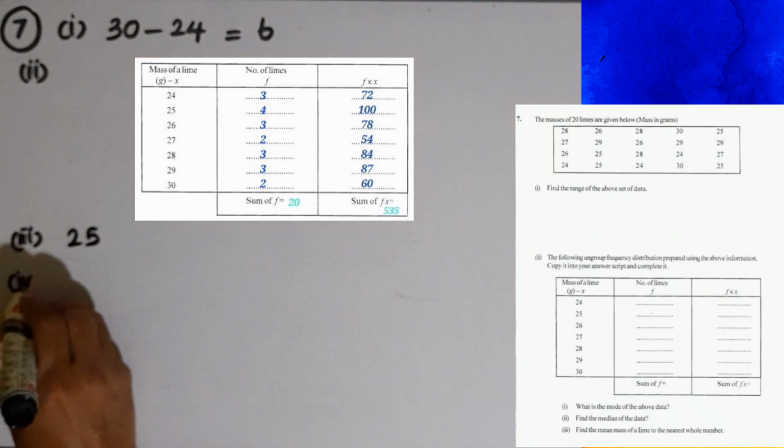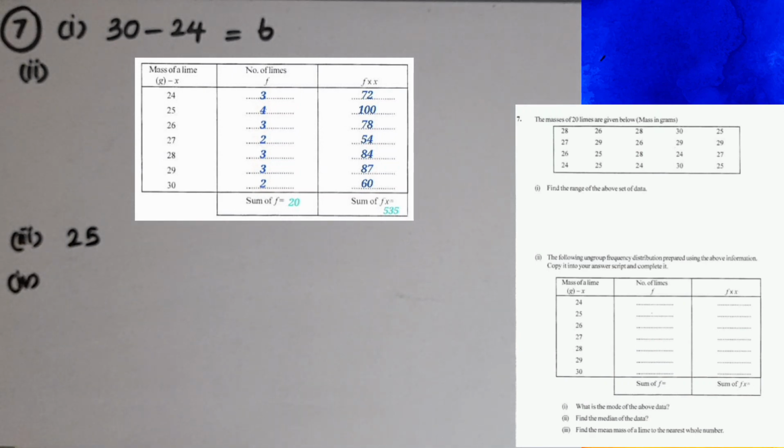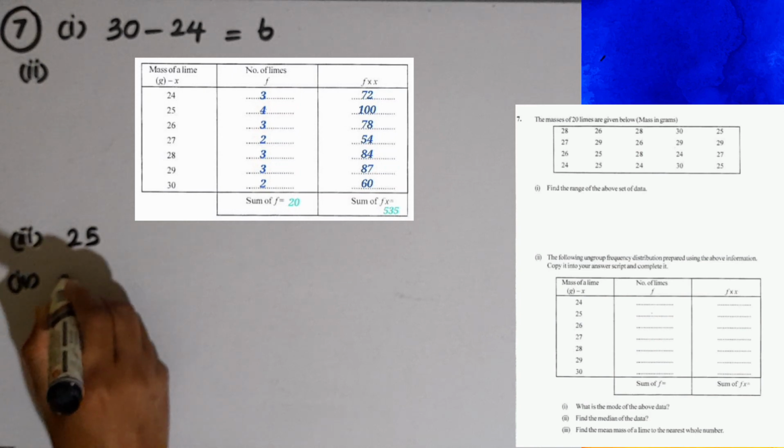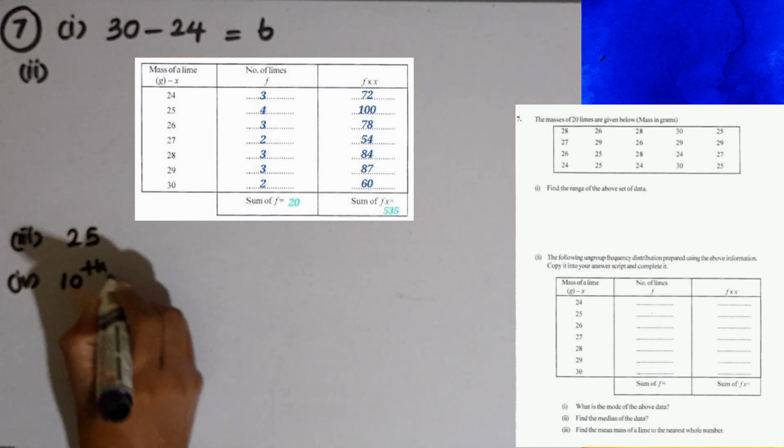Then part 4, find the median of the data. As this data set has an even number of values, we can find the median by taking the average of the 20 over 2 and 20 over 2 plus 1th values, that is the 10th and 11th.